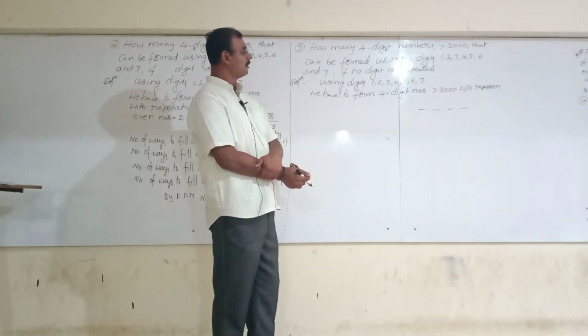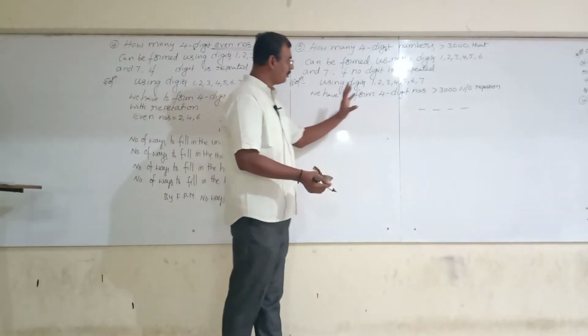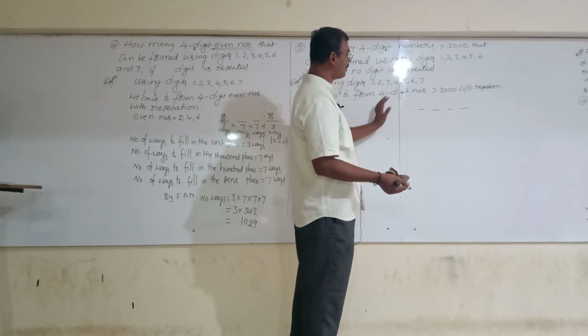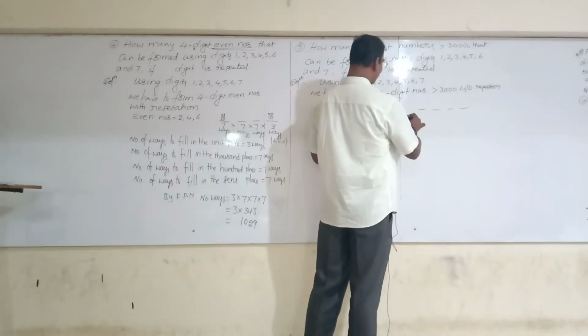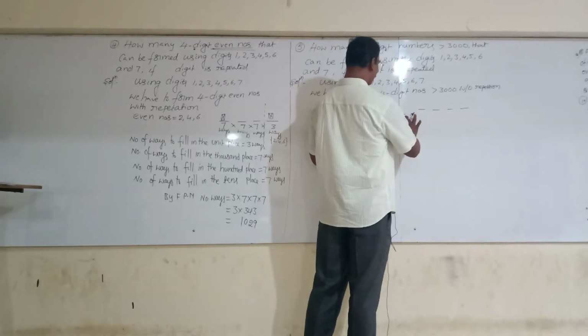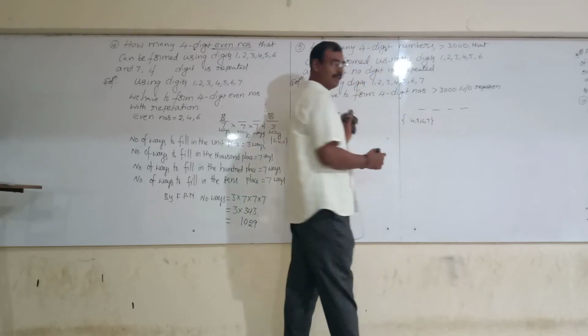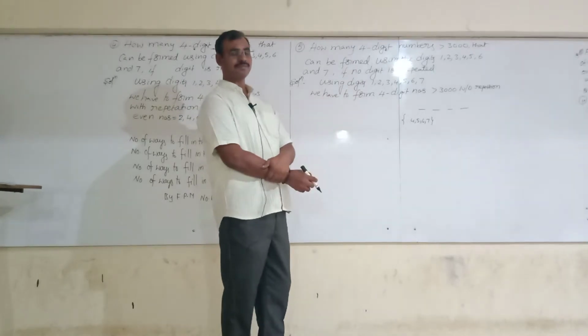A few of them believe that in the leading position the numbers greater than 3000 are 4, 5, 6, 7, and they come up with the answer of 4 ways.